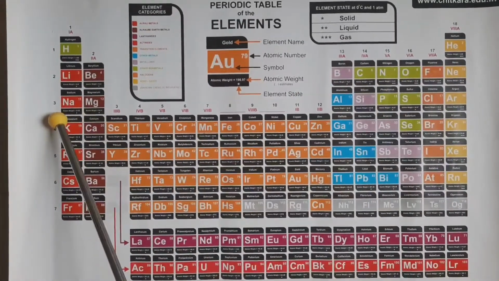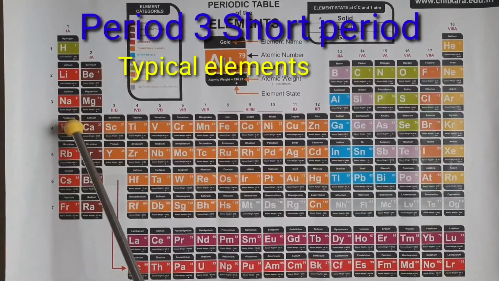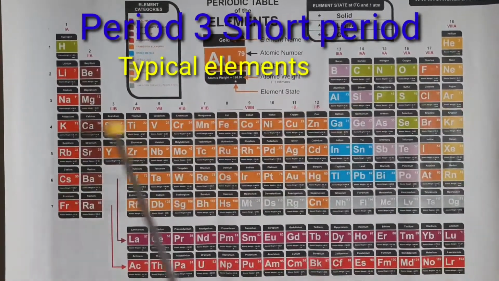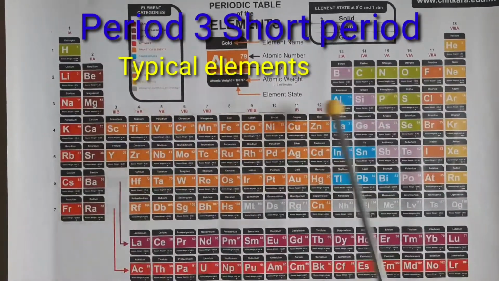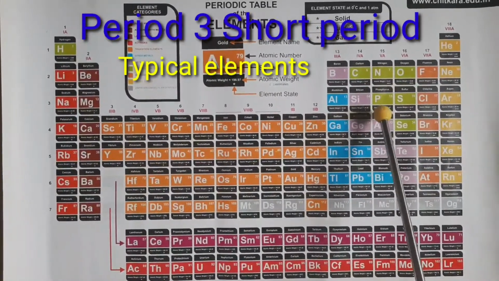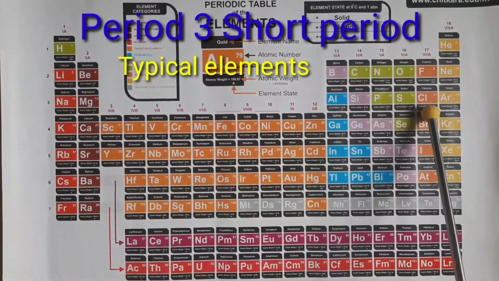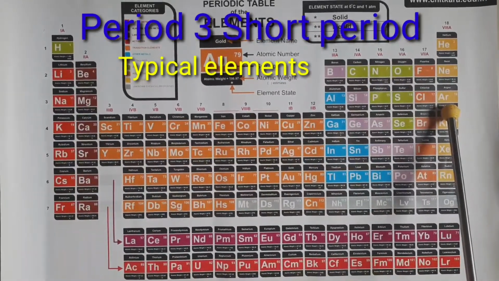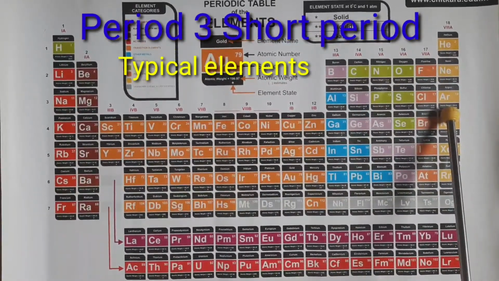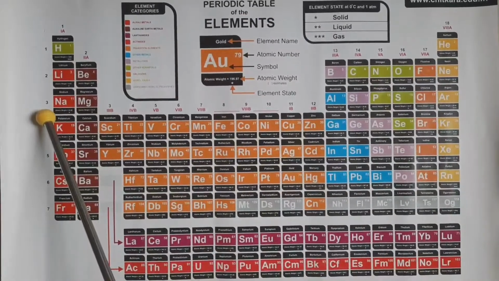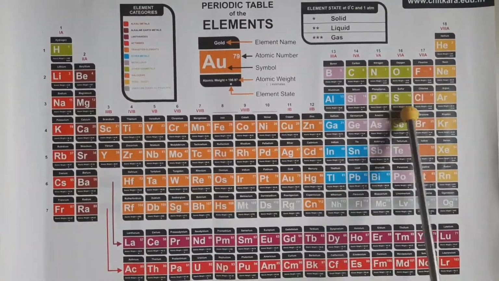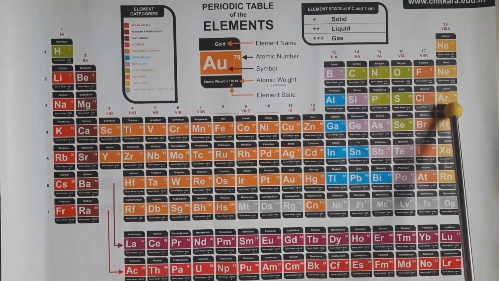Period number 3 involves elements from atomic number 11 to 18: sodium, magnesium, aluminium, silicon, phosphorus, sulfur, chlorine, argon. And these elements are called typical elements, the elements of period number 3. These are again 8 elements.